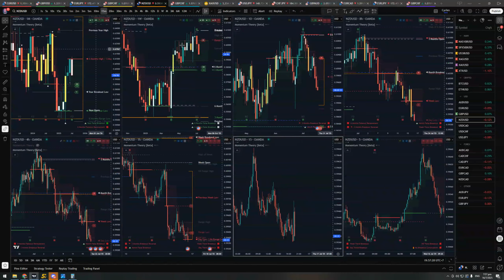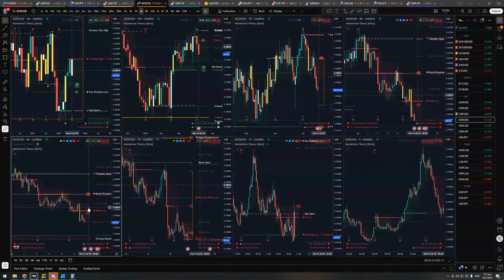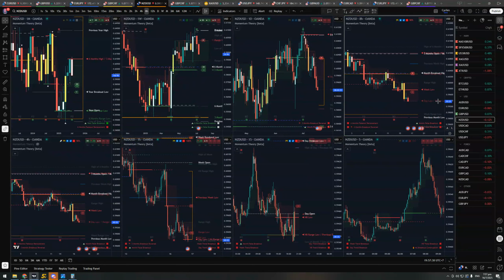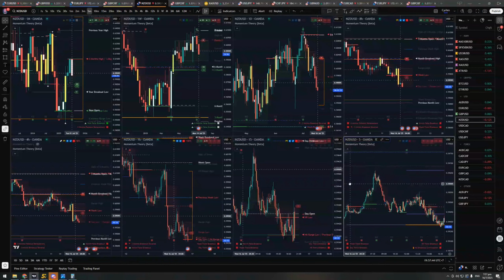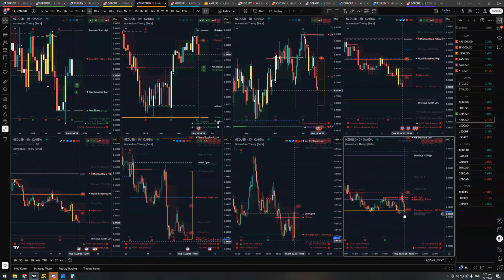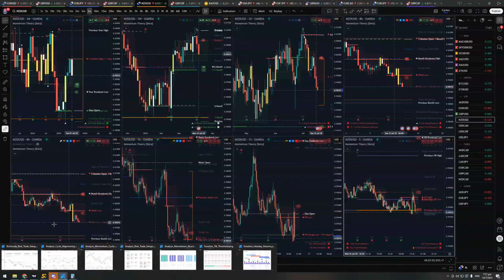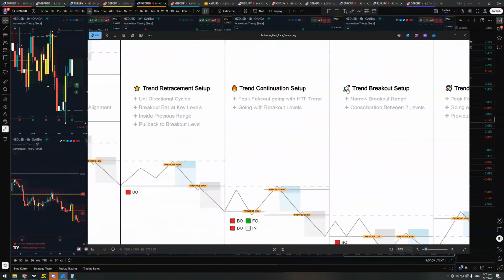Okay, NZD USD, nothing here. We have some moves here, trend breakout on the H4, H8. Don't have anything just yet. If this closes in breakout, this is going to be a trend retracement setup, so I don't mind this one as well. It is already starting to, oh no. Okay, if it does close, the breakout level is going to be pretty tight. So if it's pretty tight, then instead of a trend retracement, I'm looking for a trend breakout.